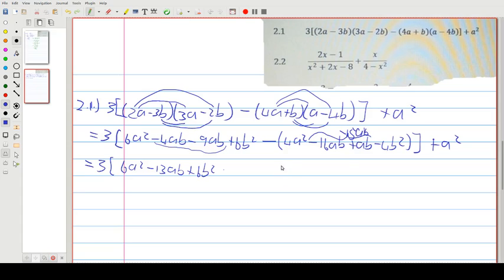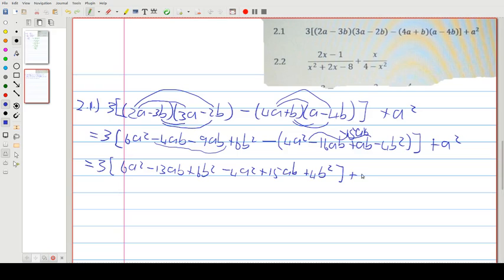Okay, negative 15ab. So now we've got negative 4a squared, and negative 15ab, but there's a minus in front, so it's negative 15ab, which is positive 15ab. Then we've got negative 4b squared, which means positive 4b squared.